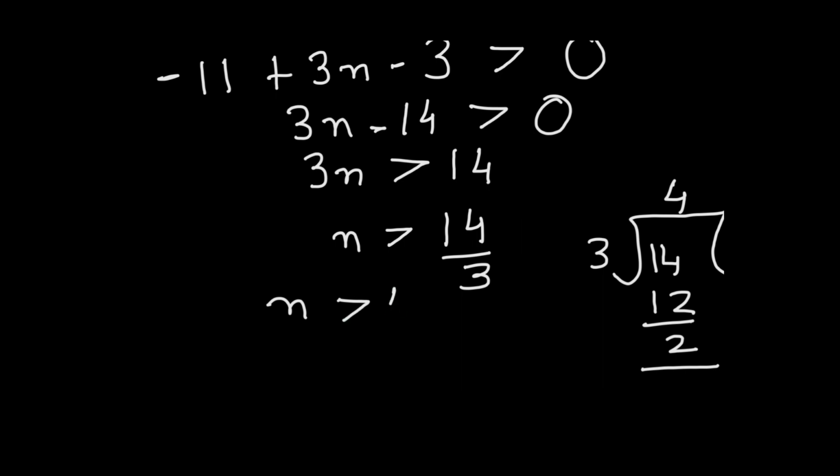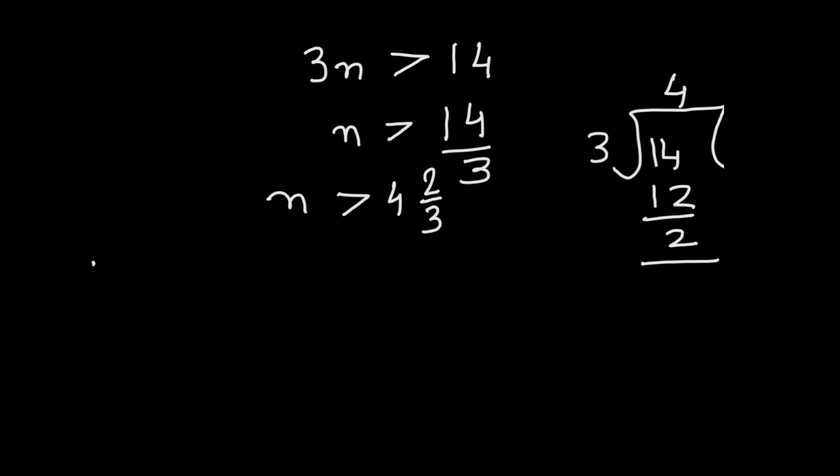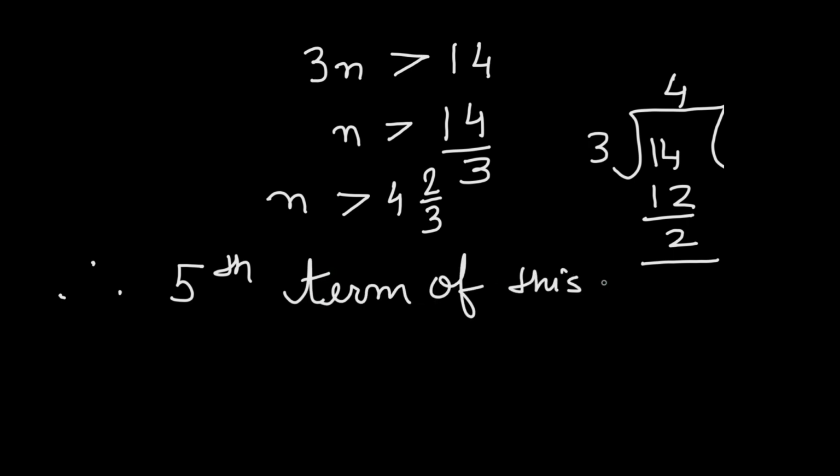So we can write this as 4 2 by 3. So here we can see that the fifth term of this arithmetic progression is the first positive term.